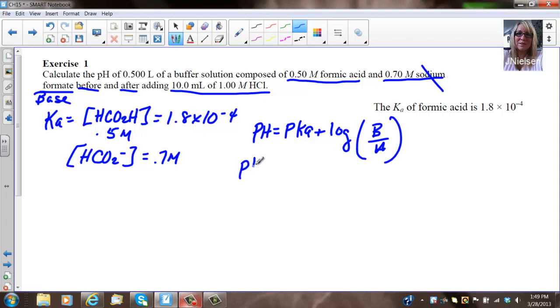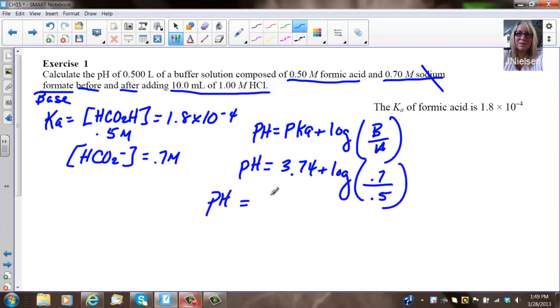And so our pH is going to be equal to the negative log of 1.8 times 10 to the negative 4, which is going to give me 3.74, plus the log of my base, 0.7, divided by 0.5. And I get a pH equal to 3.89. So this is before.